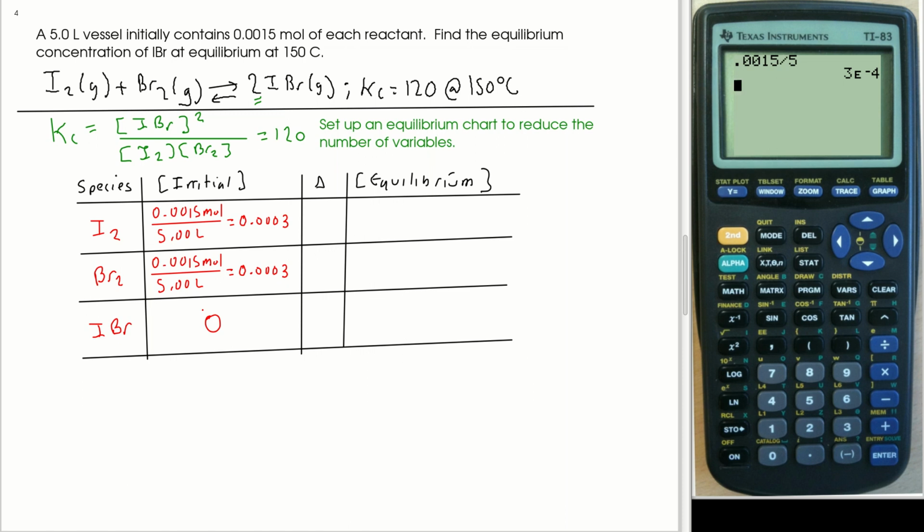Now, we are going to lose some iodine, so we're going to start on this change column. It's a reactant. So we're going to lose that, so I'll give it a minus sign. How much are we going to lose? I don't know, so I will call that X. So over here to the right, I'm just going to note what I defined X as. So I assigned X to be the change in iodine concentration.